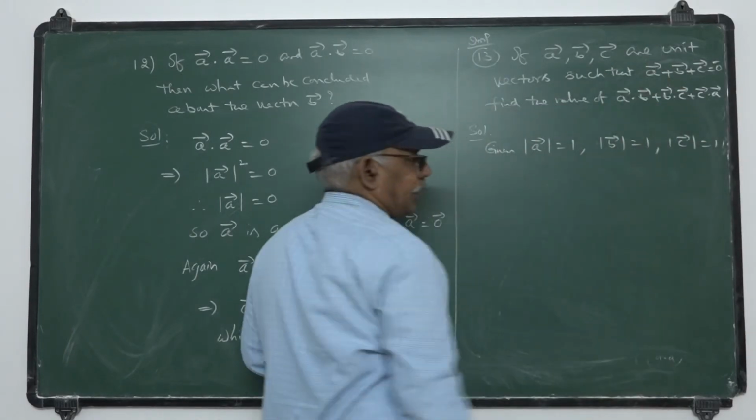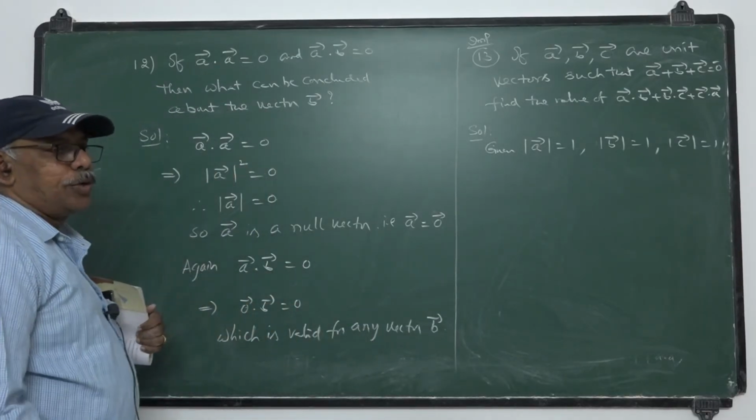The magnitudes of A bar, B bar, C bar are 1 because they are unit vectors.